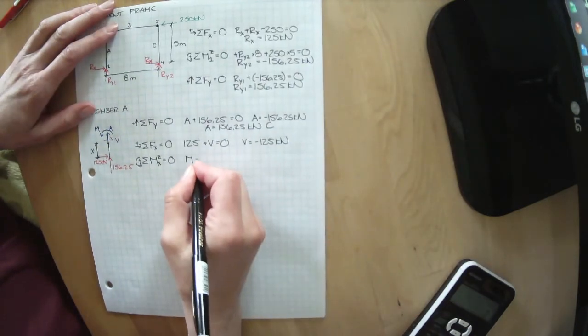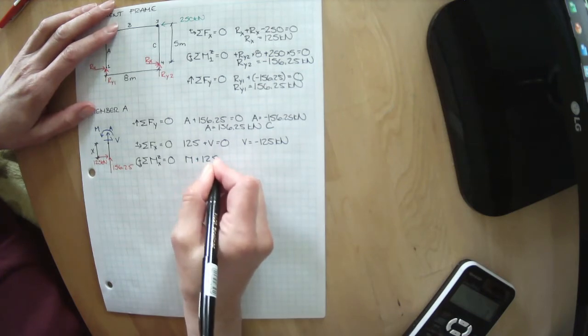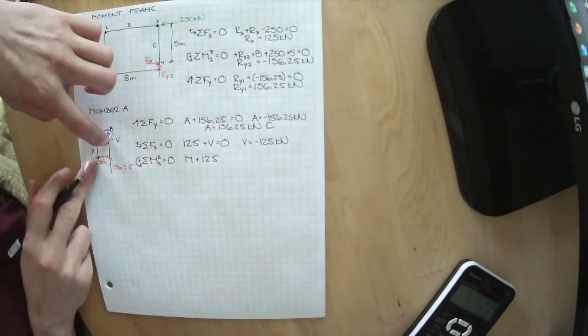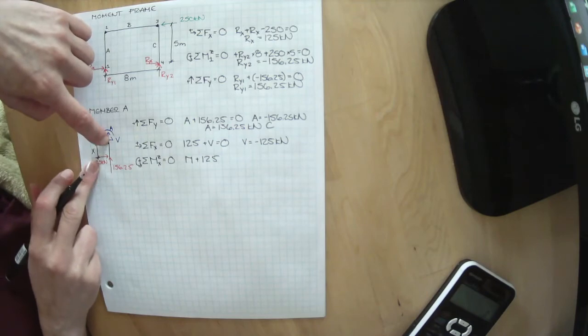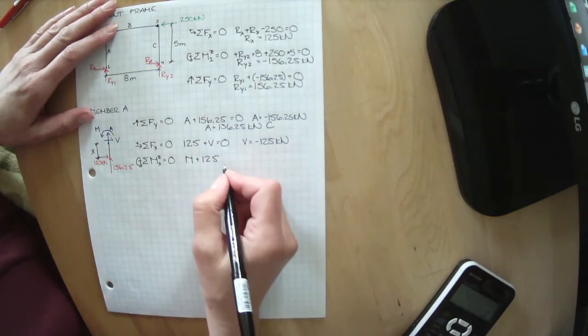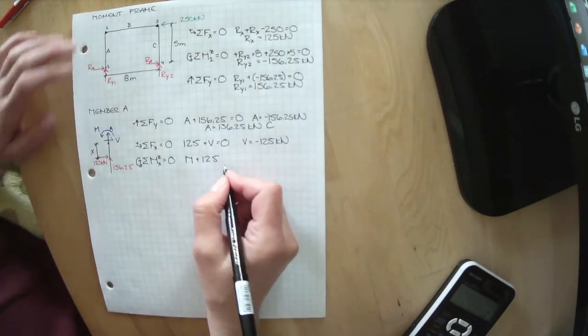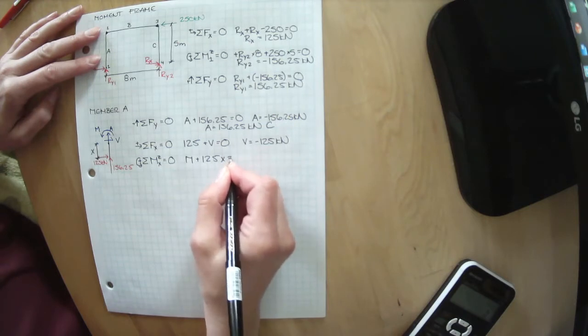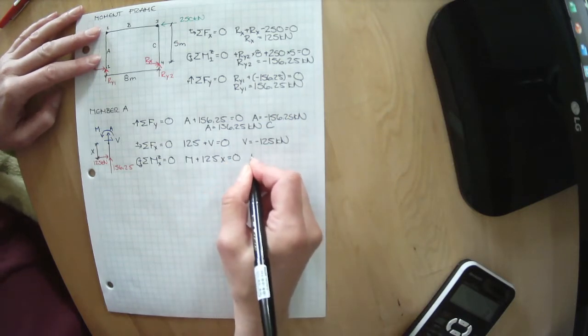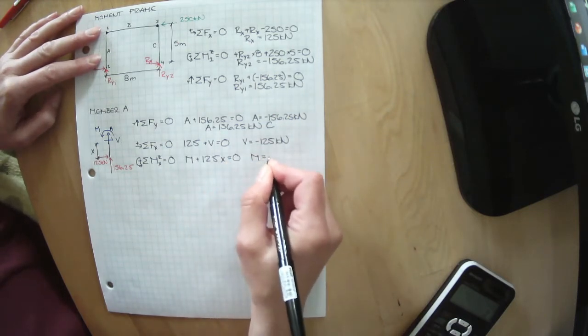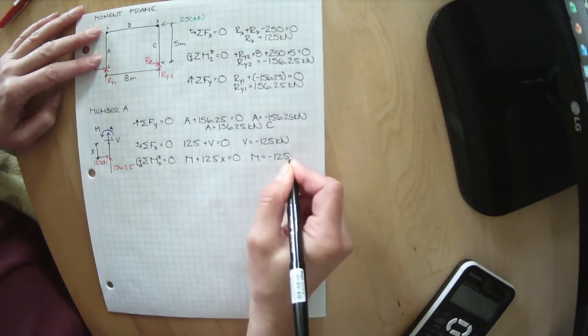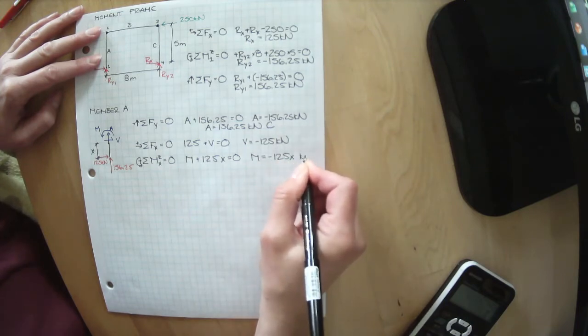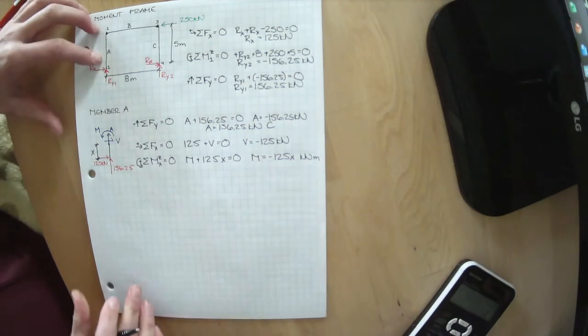So we've got 125 kilonewtons, and it looks like it's distance x from the point that we're cutting. So that means M equals minus 125x kilonewton meters.